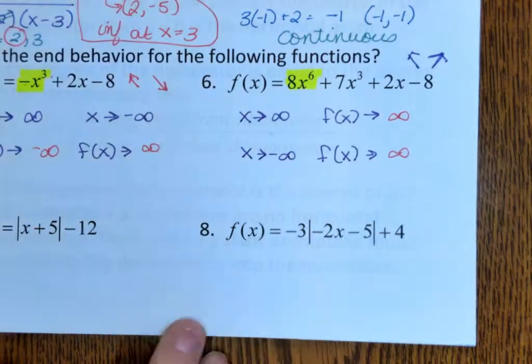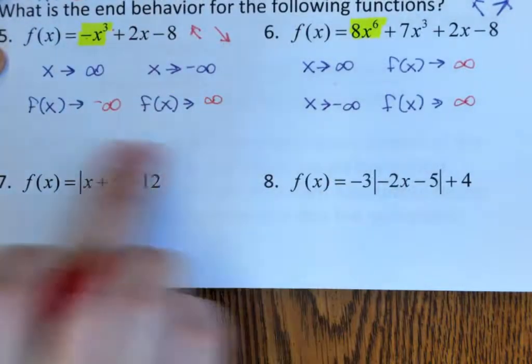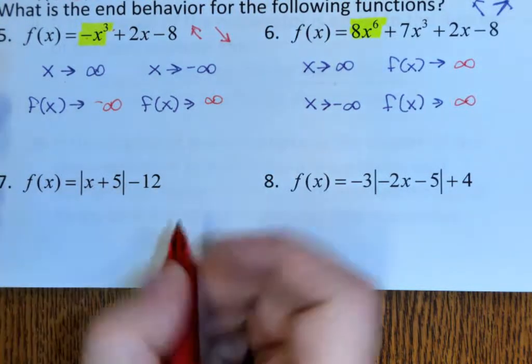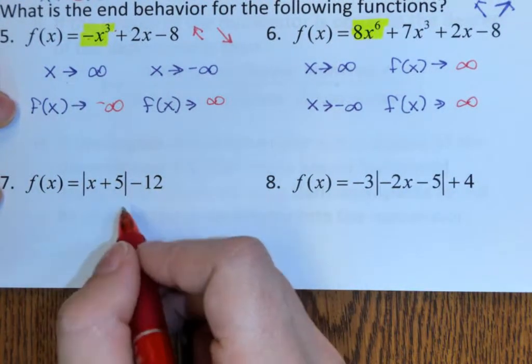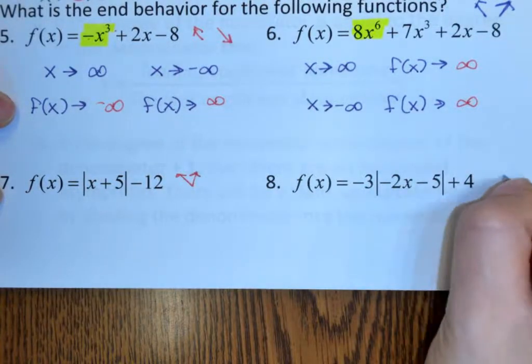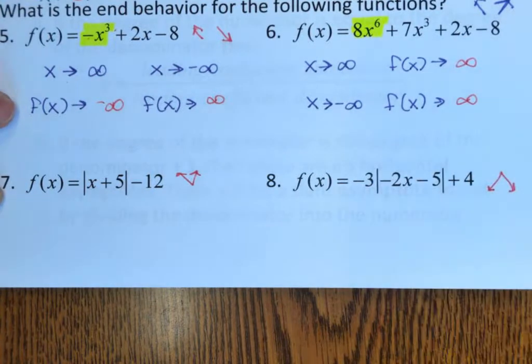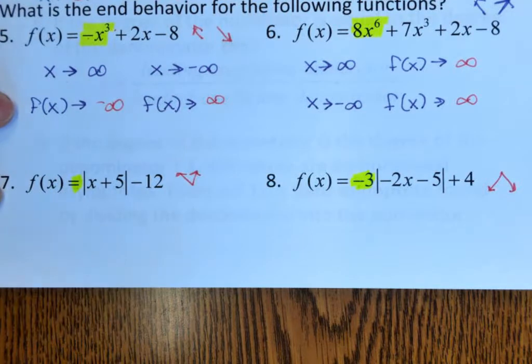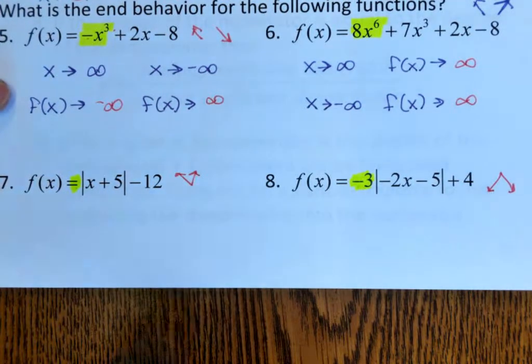Infinity as well. Now, these guys are not polynomials. What are they? Absolute values. Which way is this absolute value going to open up? And this one? Because for these guys, it doesn't matter anything that's going on inside the parenthesis or inside the absolute value. It's all about what's on the outside.